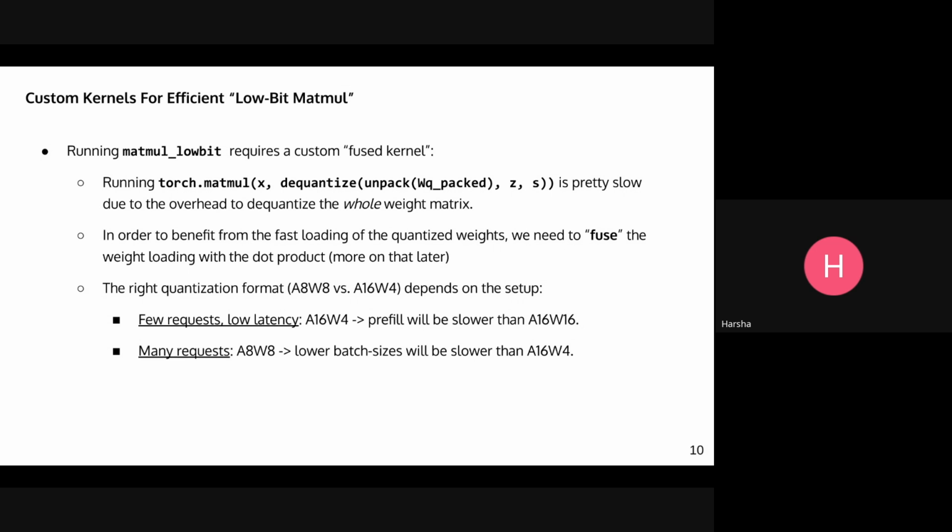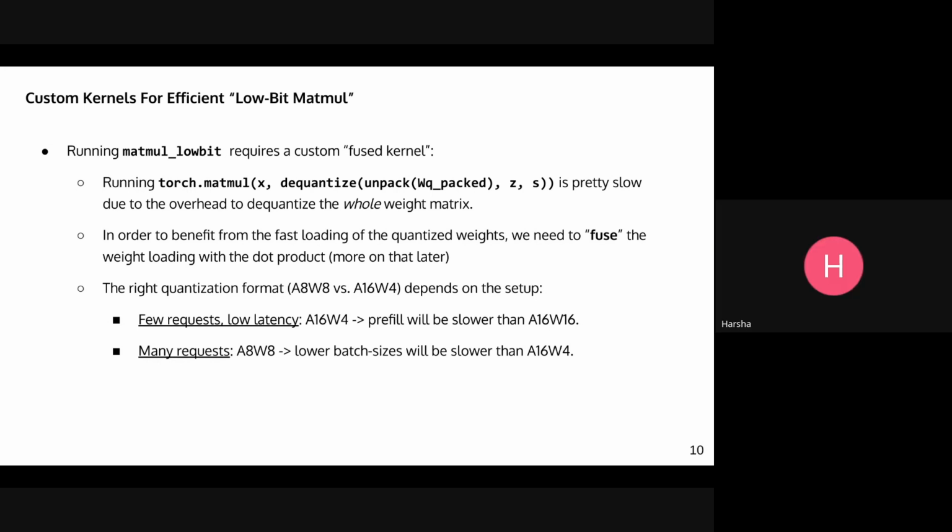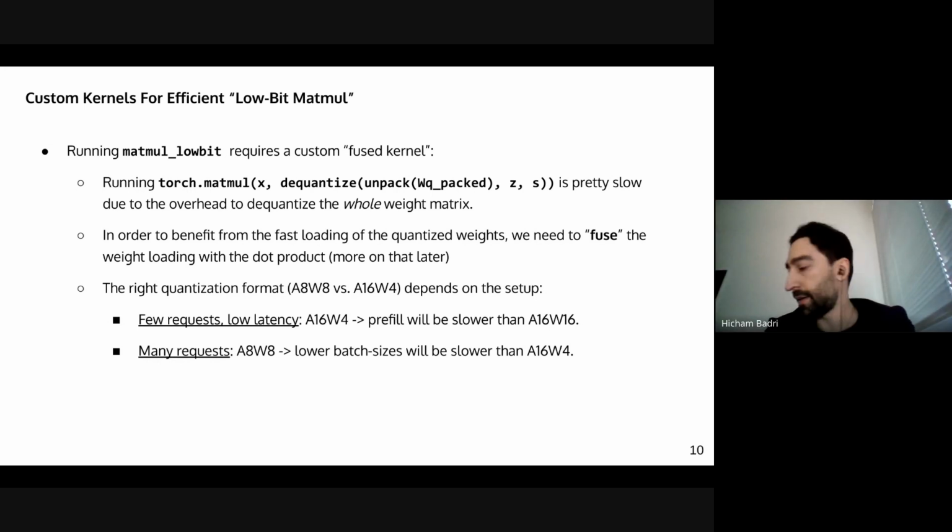Yeah, if you're decoding one token at a time, you're basically doing a matrix-vector multiplication, and your only concern is how fast you can load those weights. But yeah, the general rule is the byte size. It may be an oversimplification, but this is basically the most important factor. Thanks.